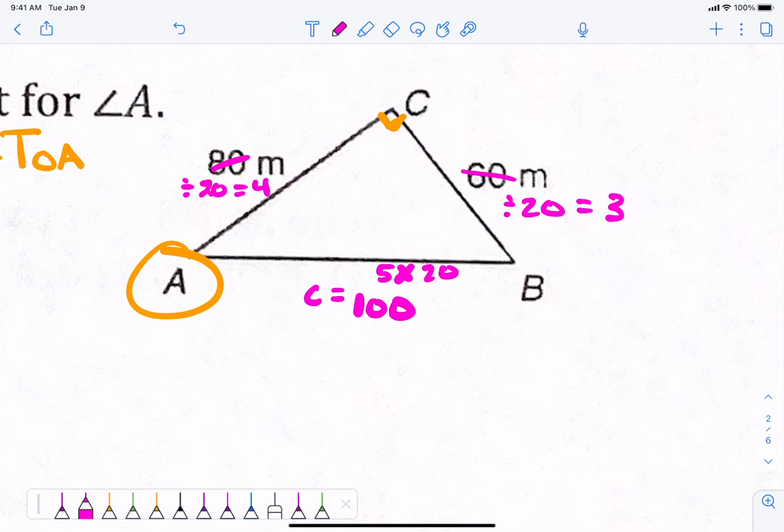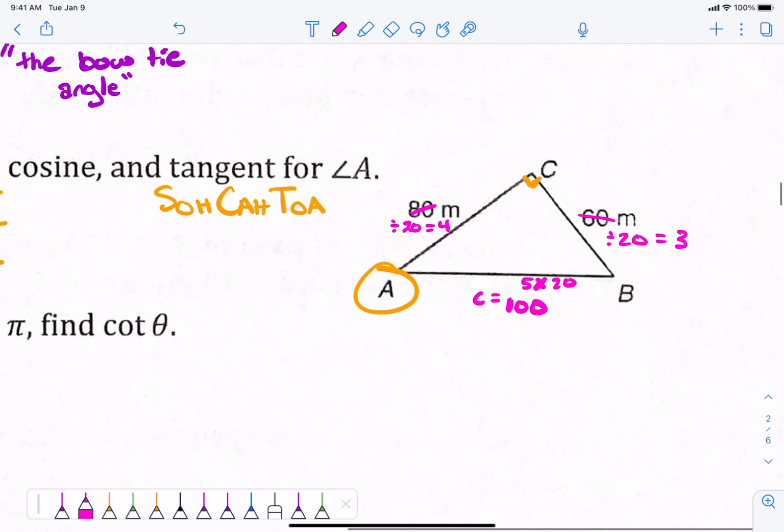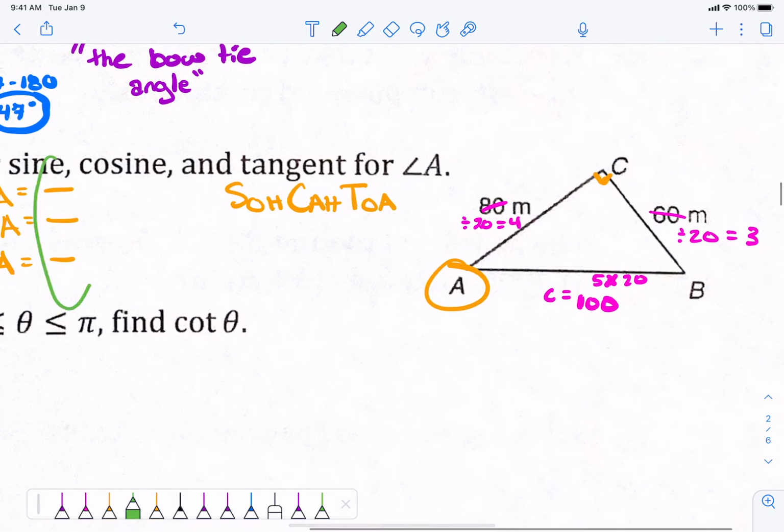If that is confusing to you, go ahead and do the A squared, B squared, C squared. Okay? 60, 80, 100. Right? Does that make sense? So that's 100. Now, when we put them into fractions, we're going to have to reduce these fractions.